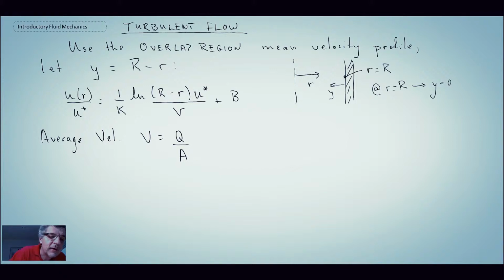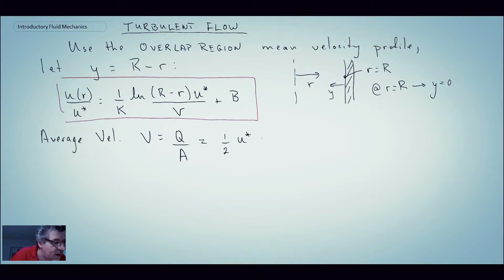So we're going to use Millikan's profile, this one here, and with that, we're able to calculate an average velocity. I'm not going to go through the math. I'll just show the final result of that. The U star, remember that's the friction velocity. U star is the square root of tau W over rho.